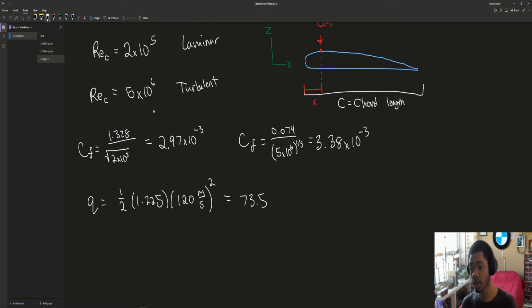So then we're just going to multiply each one of those values, and we're going to get our shear stress for our laminar flow. So that times 2.97 times 10 to the negative 3, and we get 26.2, and then we get shear on our turbulent.